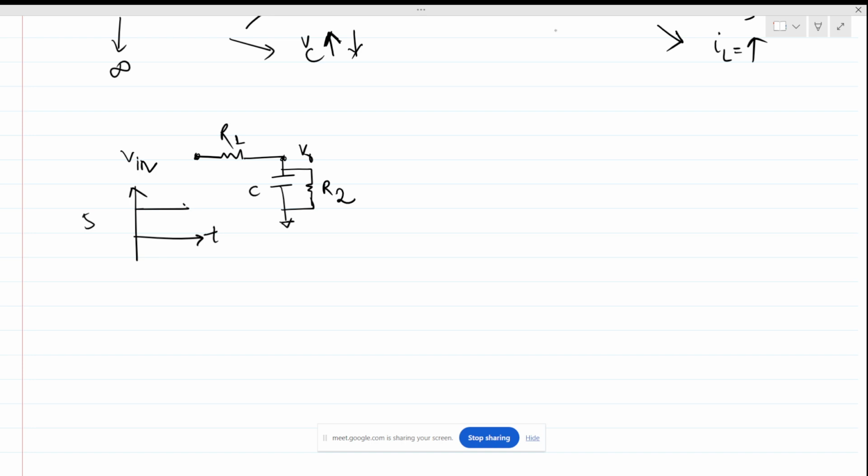Now in this circuit I have to tell intuitively what the transient response and frequency response will be. For frequency response we need DC gain, pole and zero, right?